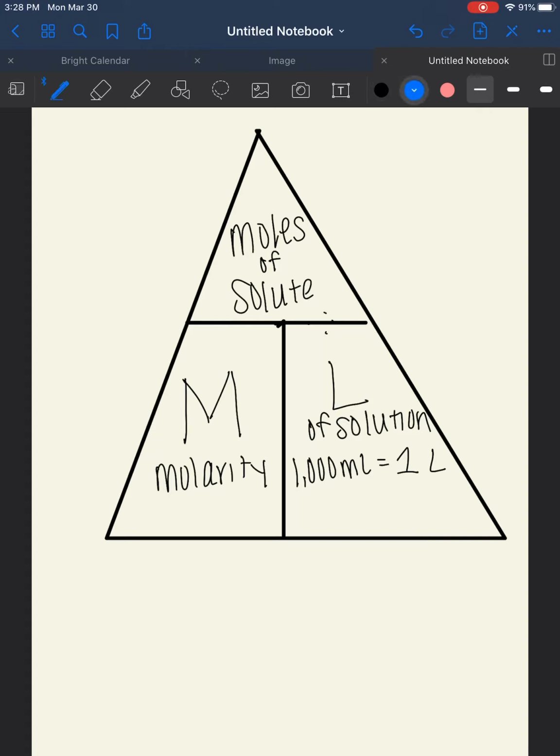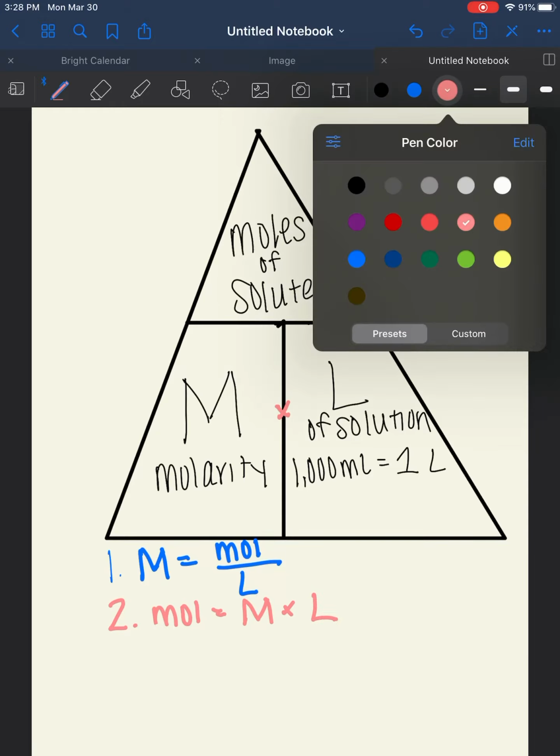Okay, so let's come up with our 3 equations like we did before. My first equation that you need to know: molarity is equal to moles divided by liters, right? My second equation, if I want to look for my moles, is equal to molarity times my volume in liters.